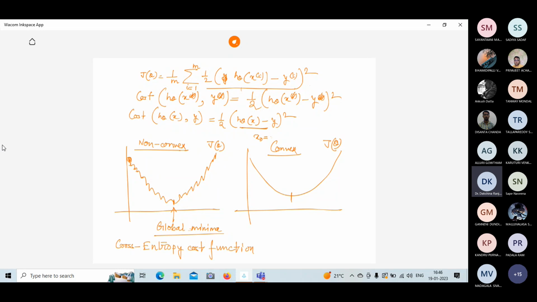So instead of using this cost function, we can use another cost function, known as the cross entropy cost function for logistic regression, so that we can get this smooth convex curve for j theta, and somewhere at this point we will get the global minima.